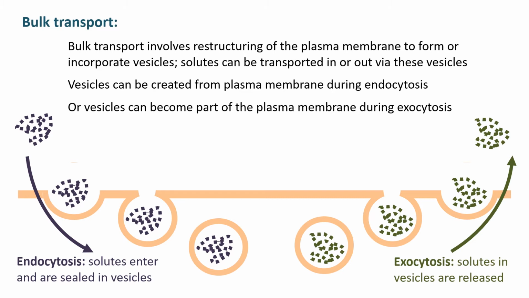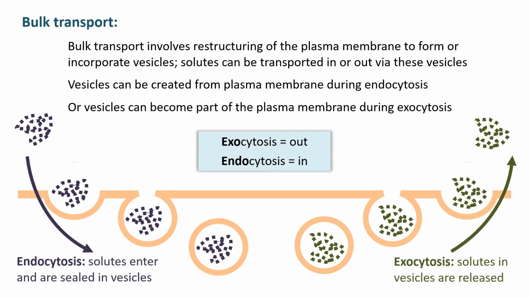But we do need to know that endocytosis, we're moving solutes in and forming vesicles. Exocytosis, we're moving solutes out, and vesicles are then becoming part of the plasma membrane after they've released the solute.